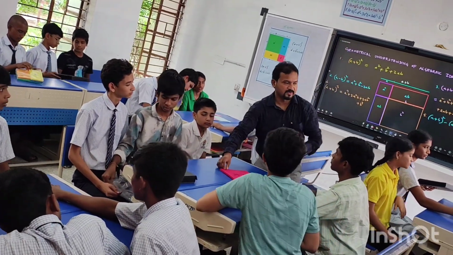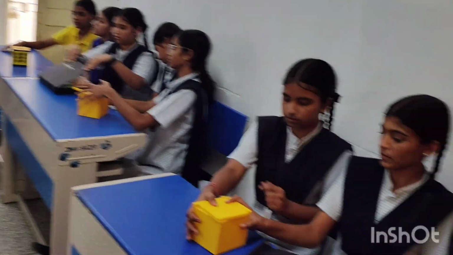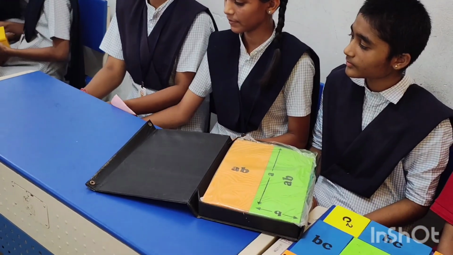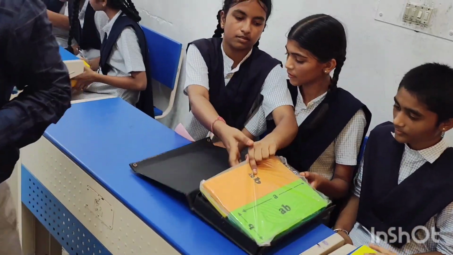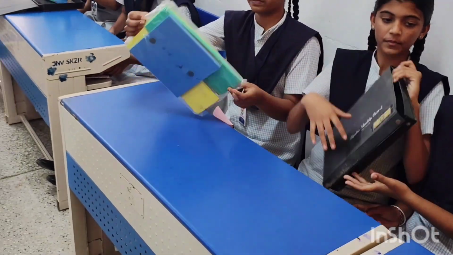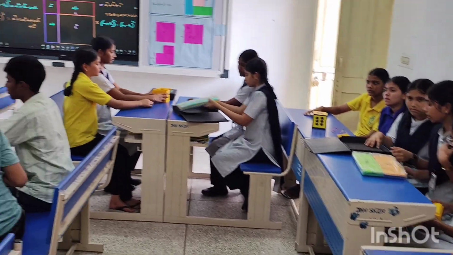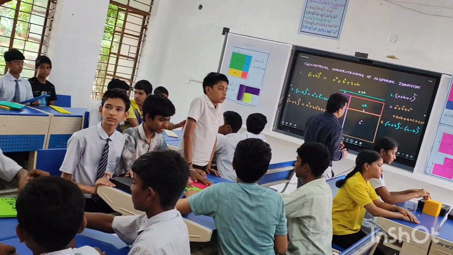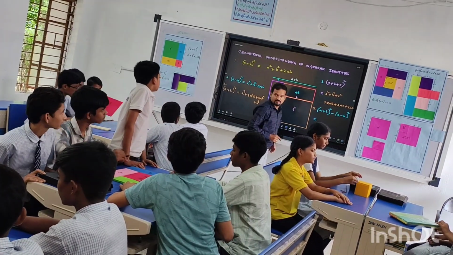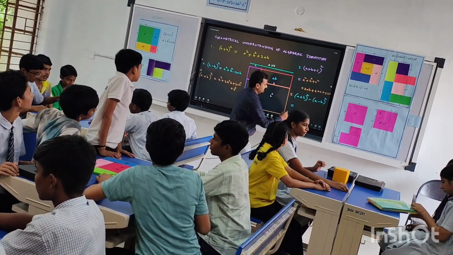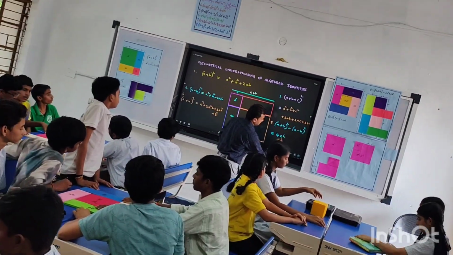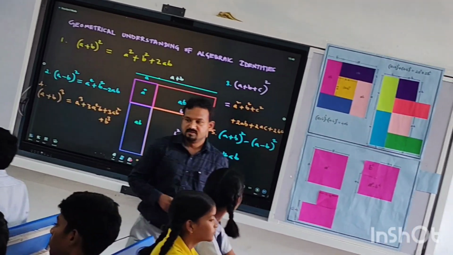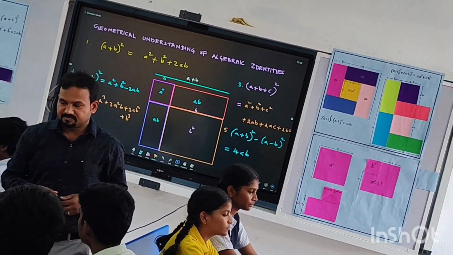We are going to understand A plus B whole square minus A minus B whole square. Siddharth, what is A plus B whole square minus A minus B whole square? 4AB. How it is 4AB we have to understand. I'll come to you and explain.